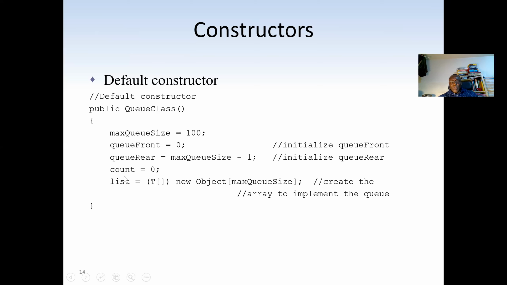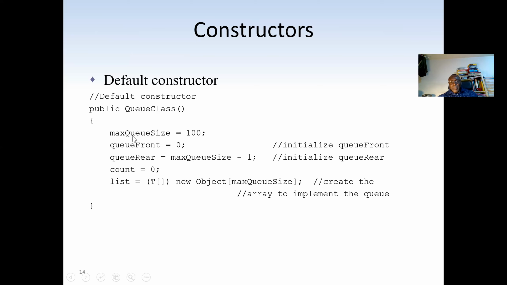Here you can see that we need a minimum of 3 instance variables before we create the array object. We need queue front, a variable to keep track of the element in the front, queue rear, the position, and then the count. These are the 3 major ones.